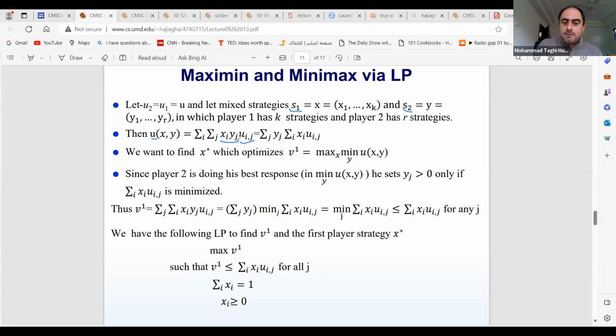And here, because yj is an independent variable in this sum, we can just change the order of the sum and write it this way: the sum over all j of yj, then the summation over all i of xi uij. So this formula is just simple algebra that we are doing.